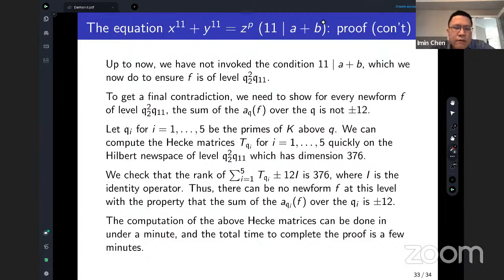Nonetheless, that's very interesting, because even for some small exponents, it would be nice. In this case, can you do 11, 19 or 23?